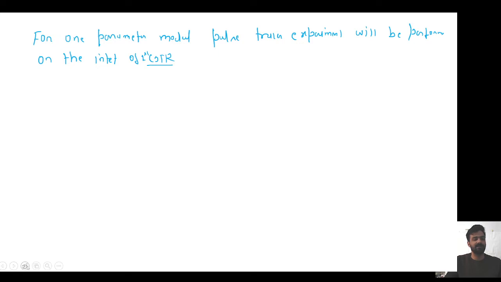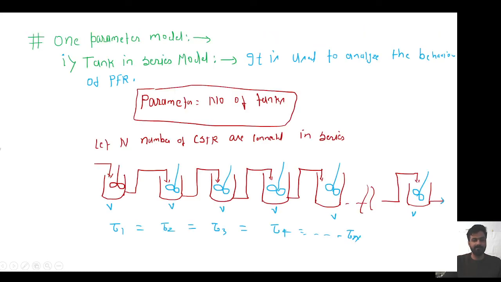Are you getting it? Next, here it is concentration. If you assume C naught, here the concentration is C1, here it will be C2, here C3, here C4, and so on, here it will be Cn.